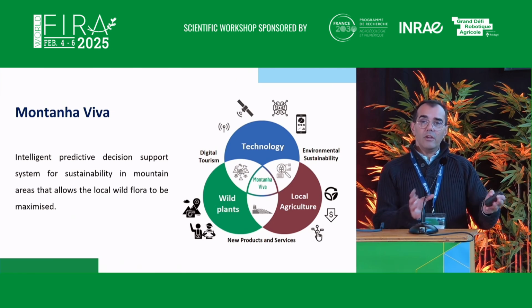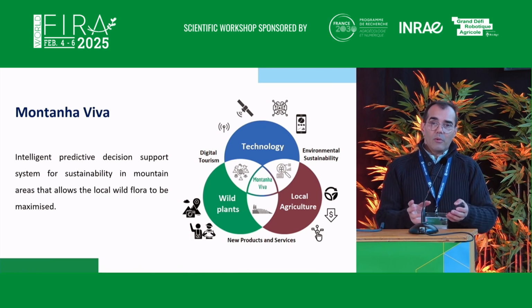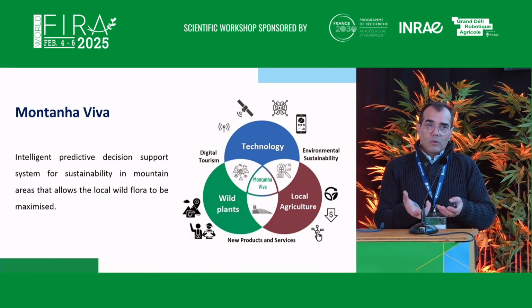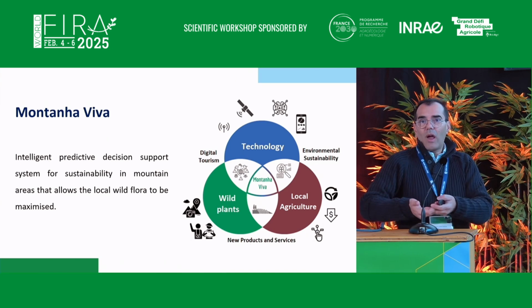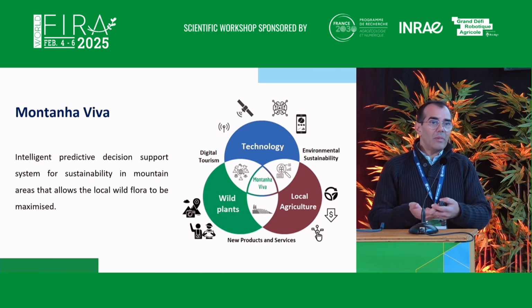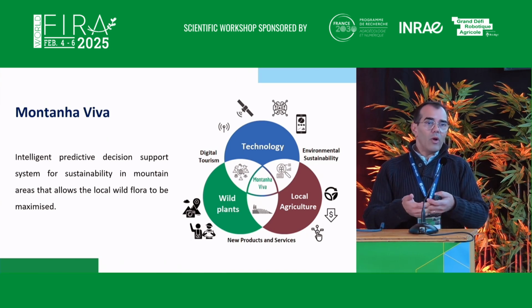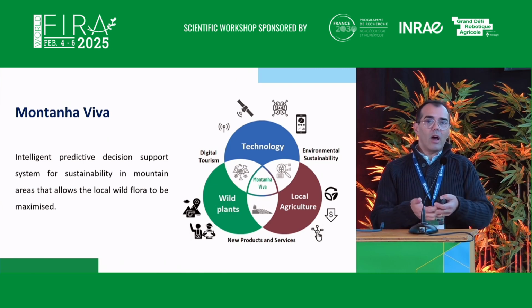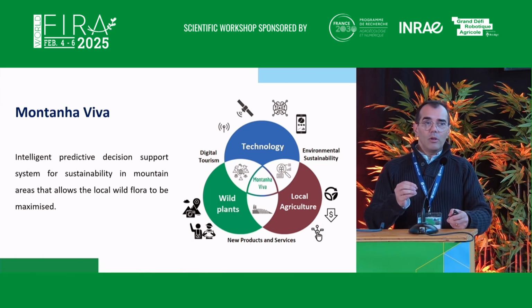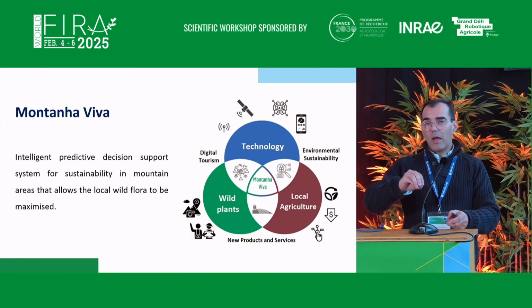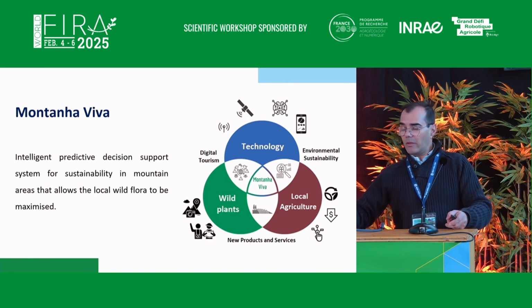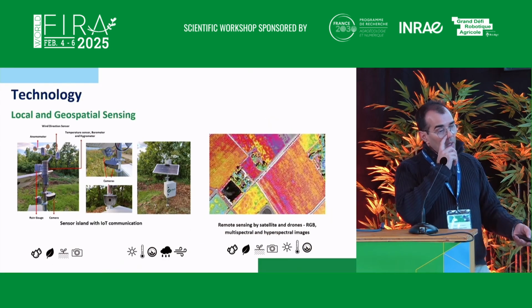So the idea for the farmer is to plant these wild plants, and in that way also have monitoring devices that are able to serve both agriculture and tourism applications.